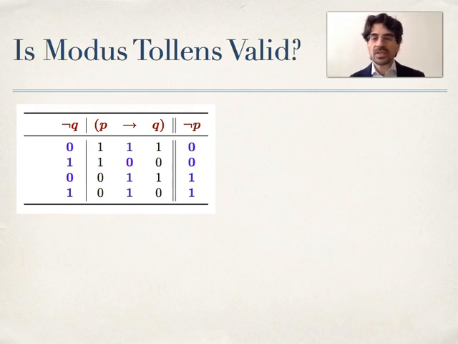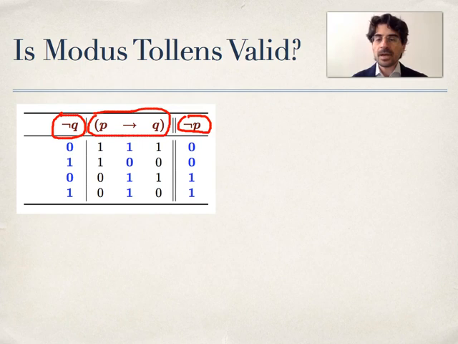So the two premises that we are considering here are not Q, and then P implies Q, and then the conclusion is not P. Since we have two atomic propositions, we have in total 4 possible valuations.